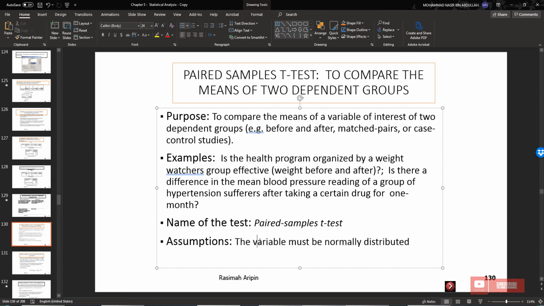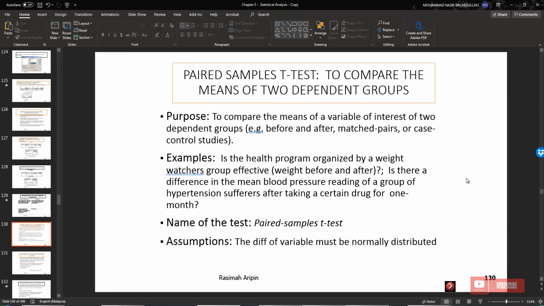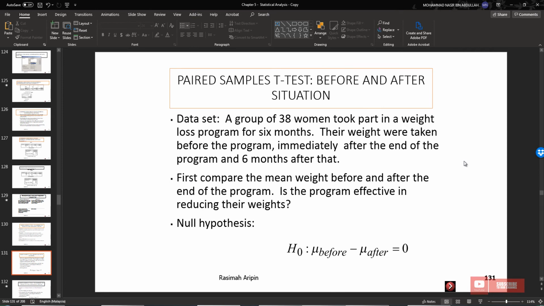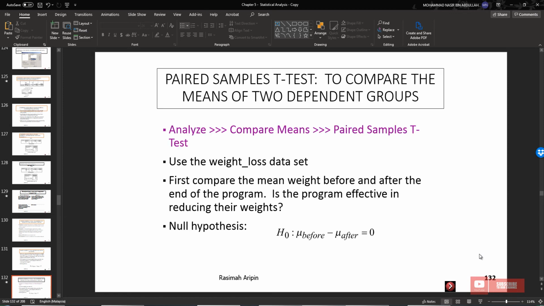The difference must be normally distributed in order to use a paired sample t-test, right? So the null hypothesis is the same as the independent sample t-test, but this time we are doing paired related samples, right?